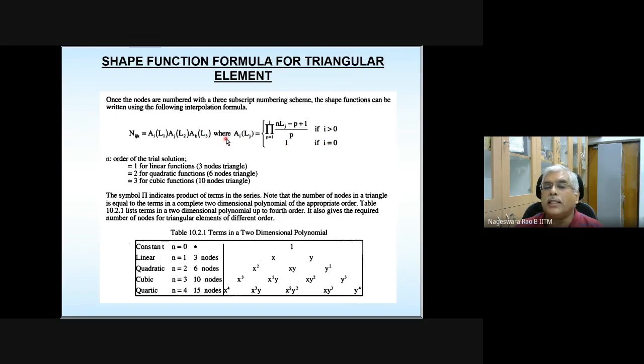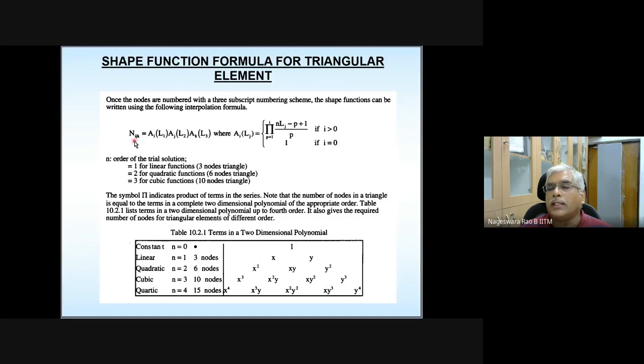What is it saying? If you see how it is written, a_i L_j. If i is equal to 0, whatever quantity is here, a_0, irrespective of whether you have L1, L2, L3 inside this bracket, that is equal to 1.